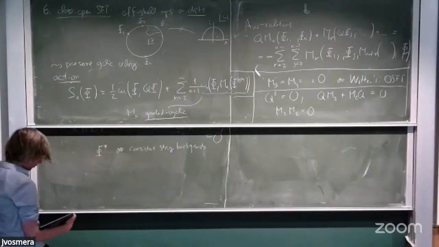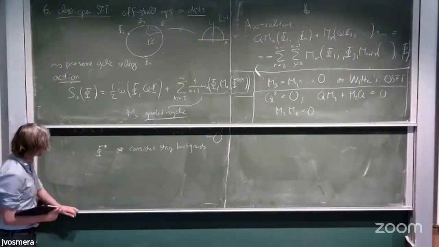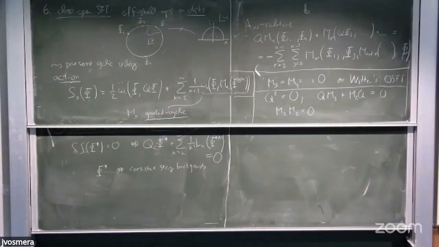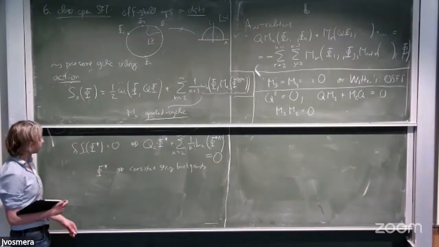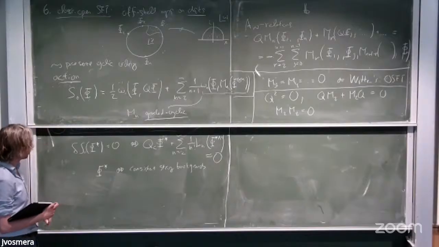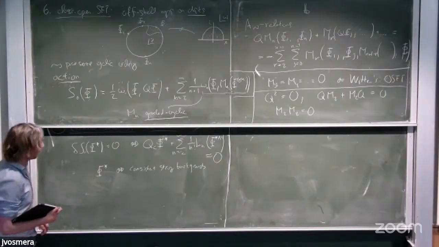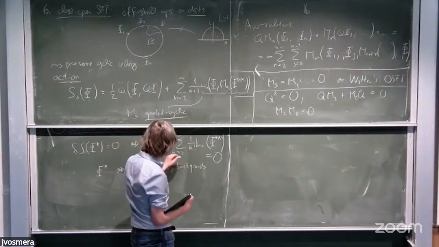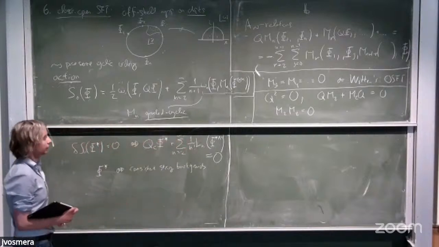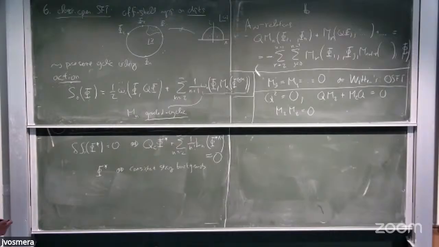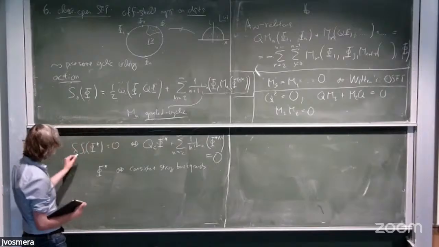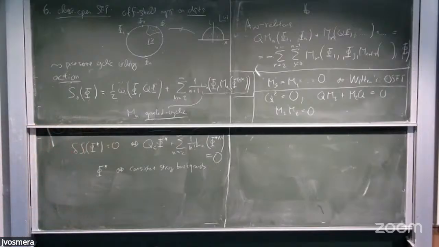So now, to do yet another sanity check, we have started with a consistent string background, right? So the trivial field configuration phi star equals 0 should be a solution. And since these products are linear and they start with n equal 2, you can see that phi star equals 0 is indeed a solution. That is connected with the fact that in this original action which we are varying, there was no tadpole, right?